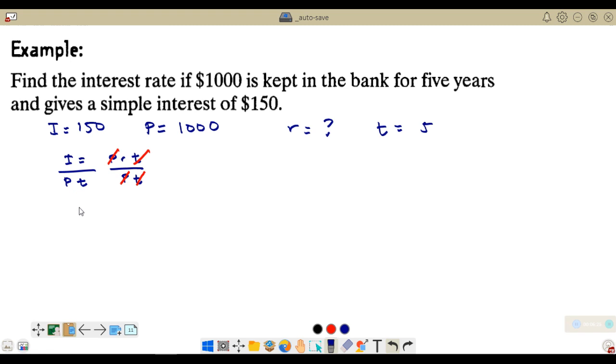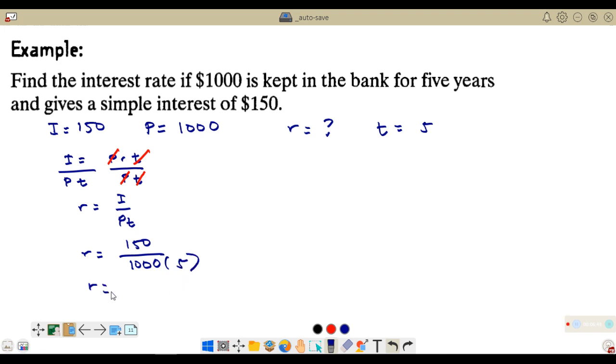We will now end up with the formula R is equal to I over PT. Okay. So, derive na natin yung value ni R. We have the interest 150 divided by P, 1,000, times 5.